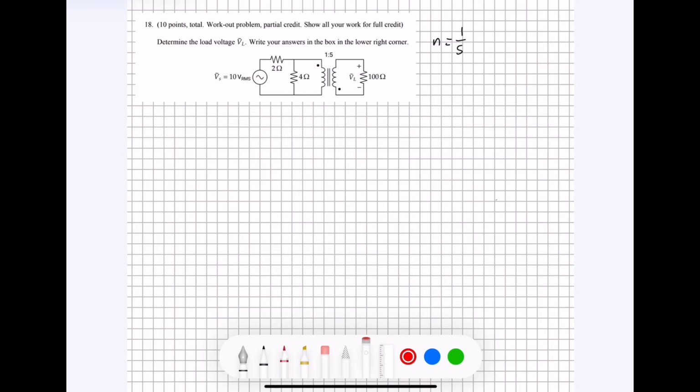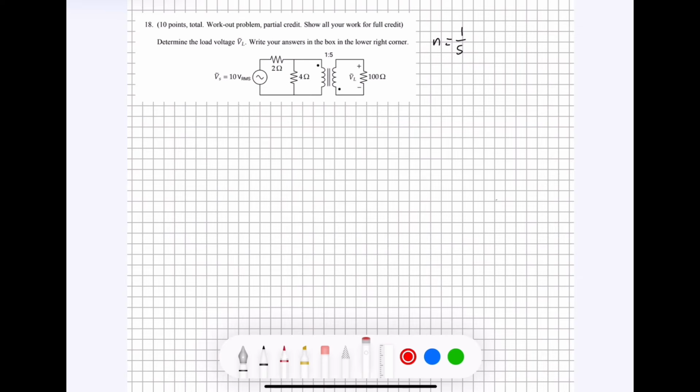If you have a current on this side, for example, it's going to be 5 times more than the current on this side, and they're always going to have that relation.